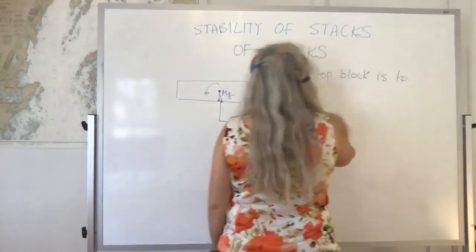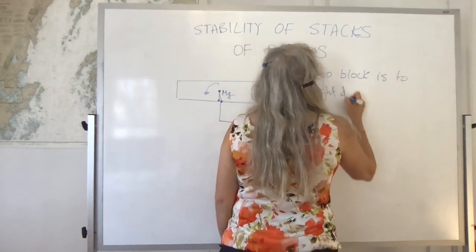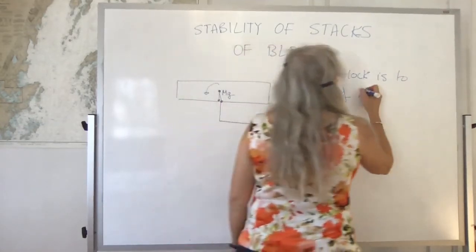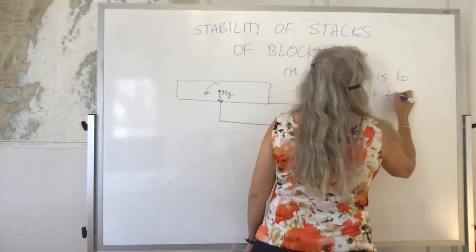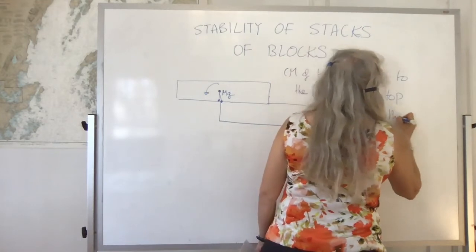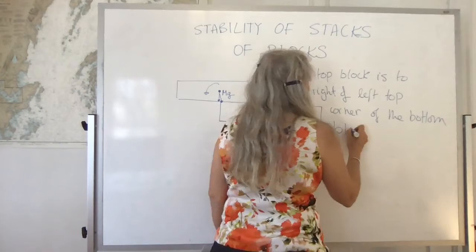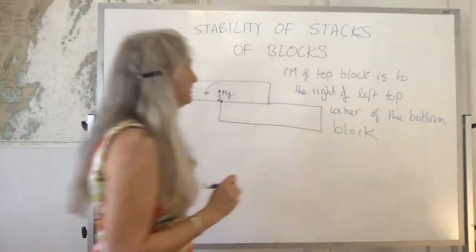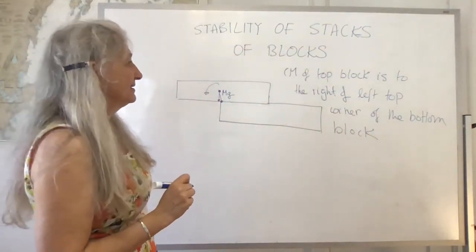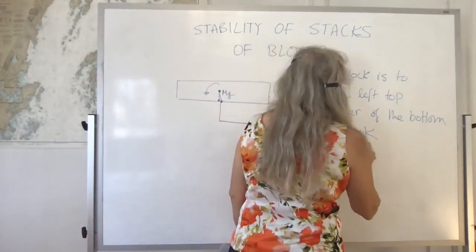If the center of mass of the top block is to the right of the left top corner of the bottom block, then it's stable.